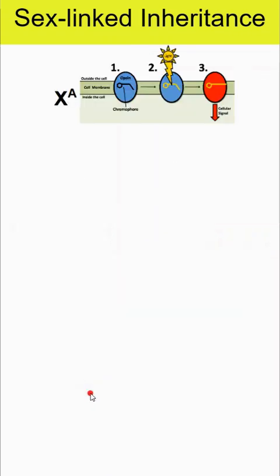It's on the X. So if you are X with the dominant allele, your protein works and it sends the signal. A heterozygous woman would have normal vision, but she would be a carrier for color blindness.